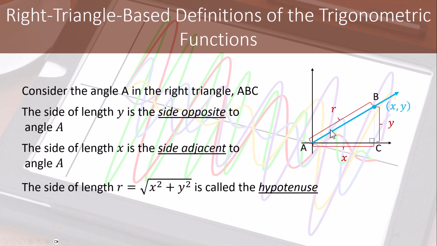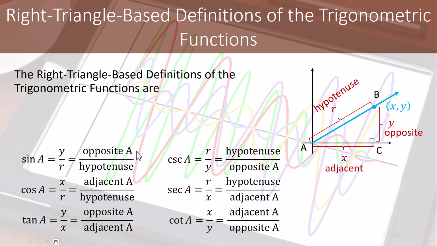Now keep in mind the hypotenuse is always a distance, so it will always be positive. On the other hand, x and y may be positive or negative. With that in mind, we can define the 6 trig functions in terms of the opposite side, the adjacent side, and the hypotenuse.